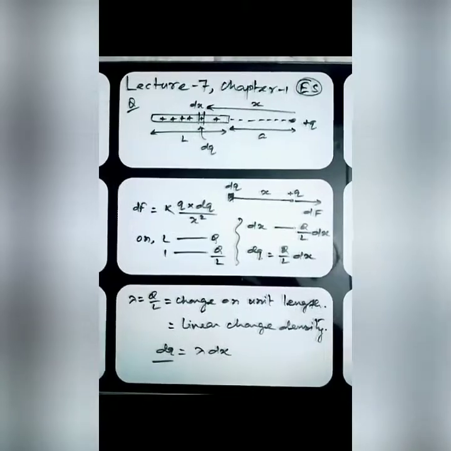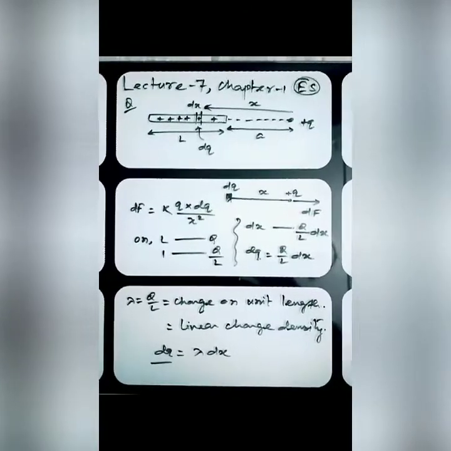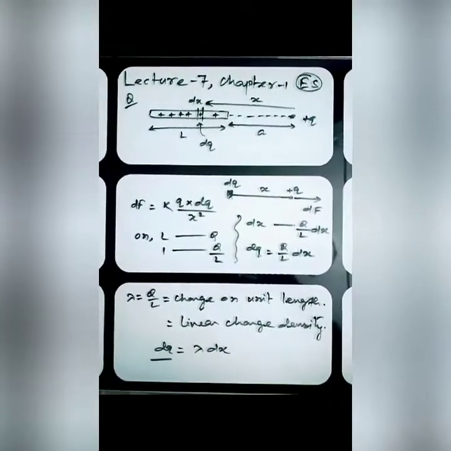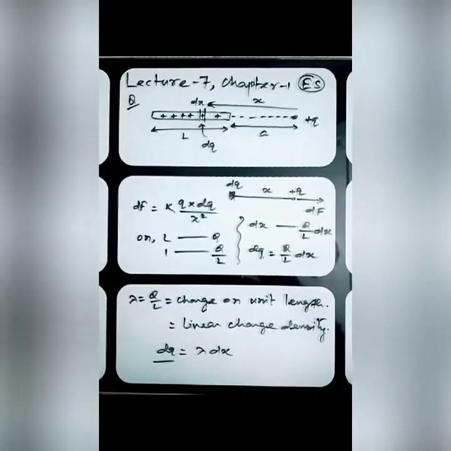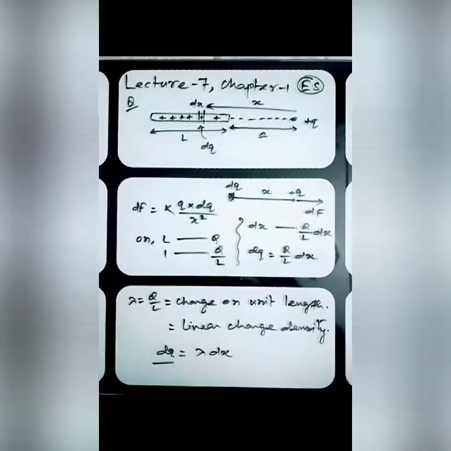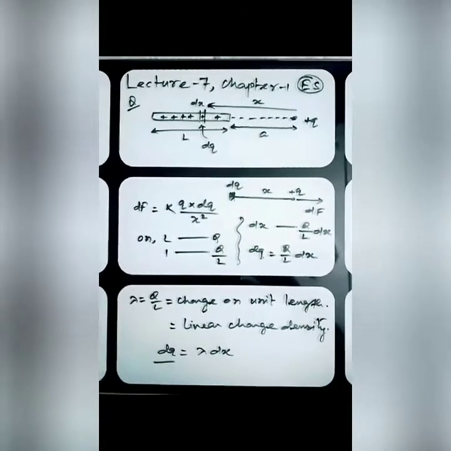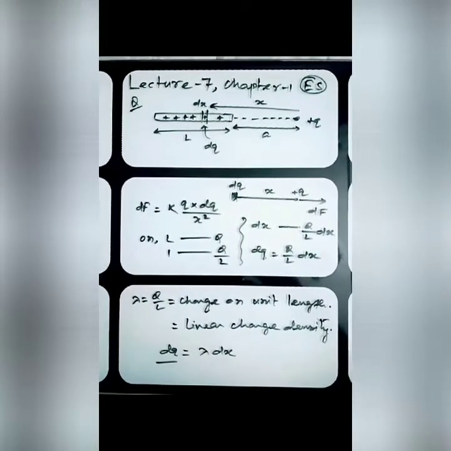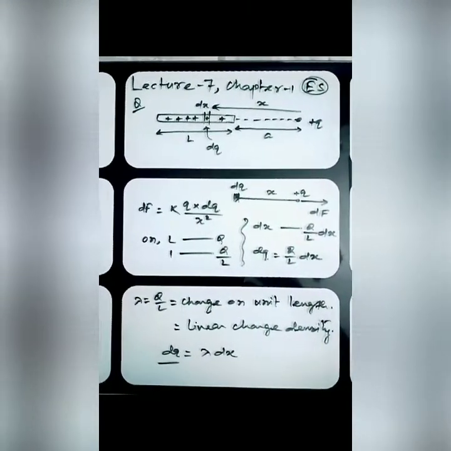If on length L the charge is Q, then on unit length the charge will be Q by L. But we have to find the charge on the elemental length dx. So the charge on dx length will be Q by L into dx, and this is nothing but the small charge dq.